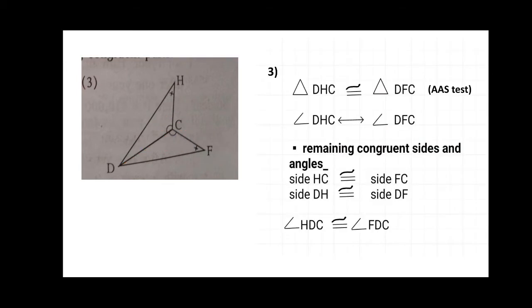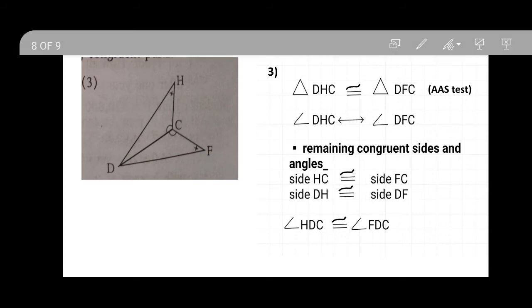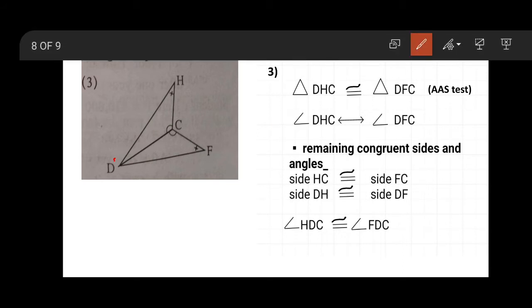The way to write the solution will be this: triangle DHC is congruent to triangle DFC based on AAS test. The one-to-one correspondence will be again angle DHC. If we have started from this DHC triangle, then for the other triangle we'll start with D again.